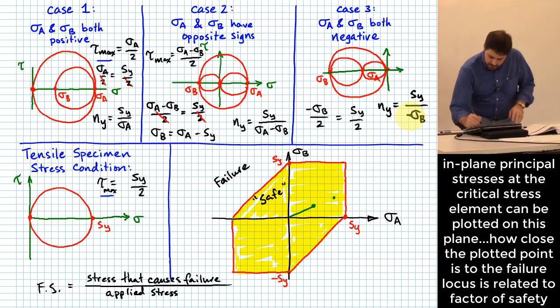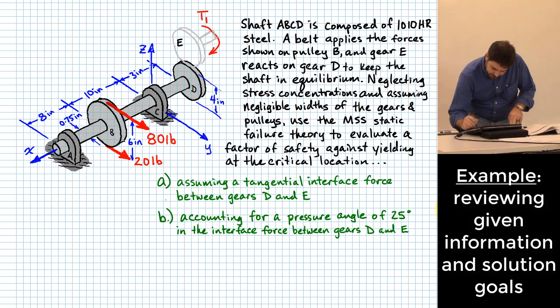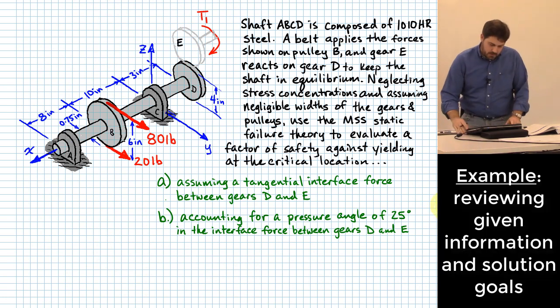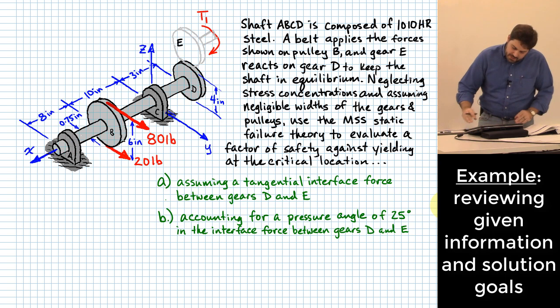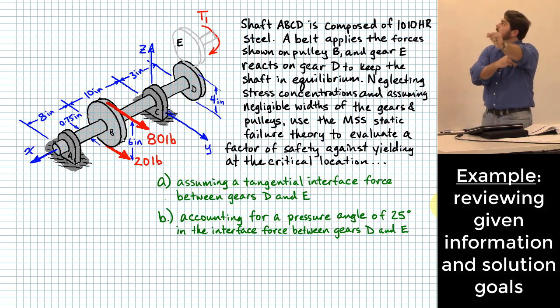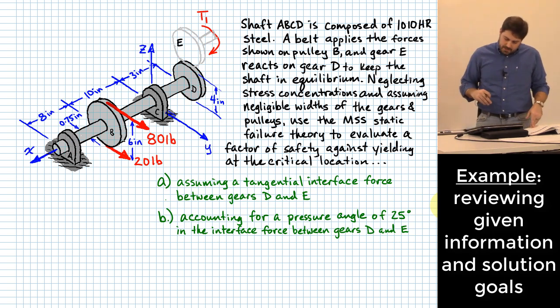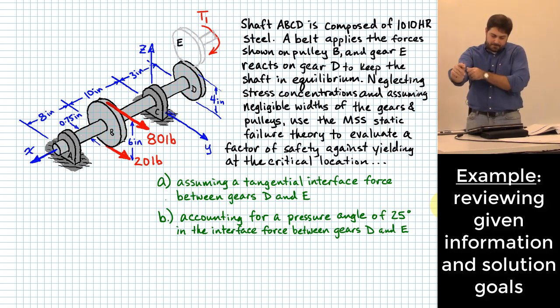Okay, here's the problem we're about to work. All right, it says shaft ABCD is composed of 1010 hot-rolled steel. A belt applies the forces shown on pulley B, and gear E reacts on gear D to keep the shaft in equilibrium. Shaft ABCD, that is.